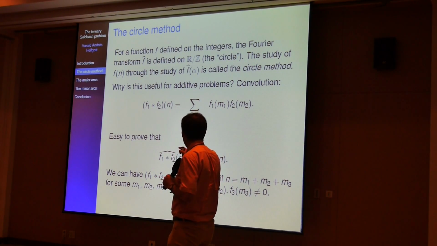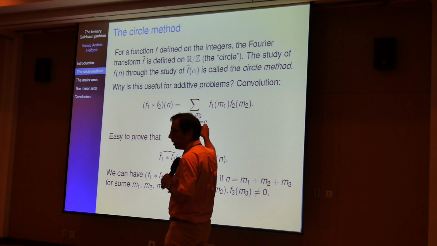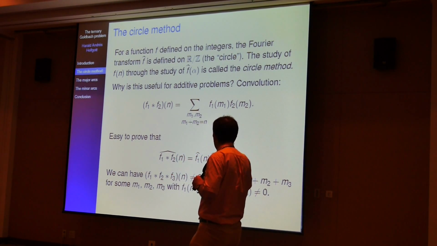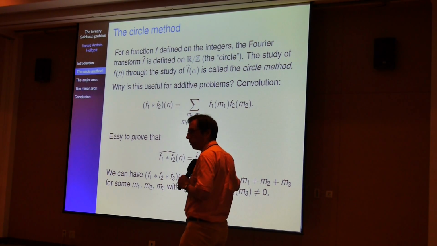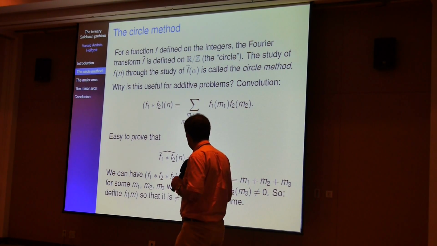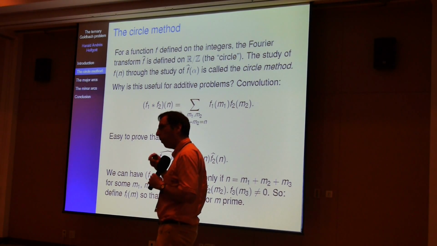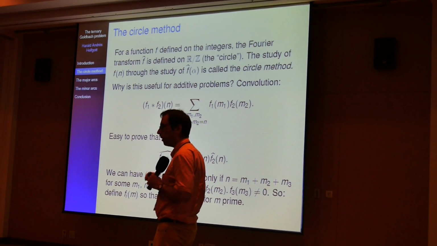It's because a convolution of three functions, f1, f2, f3, is non-zero at n only if there's at least one non-zero term in the sum. That is, only if there's a way to write n as a sum of three integers at which all three functions don't vanish. So you just have to define these functions so that they are non-zero only if m is a prime.